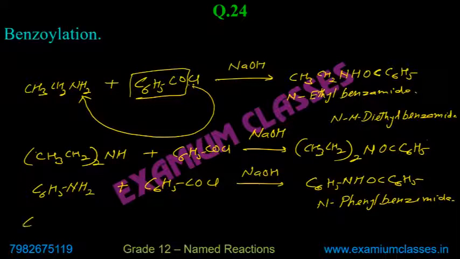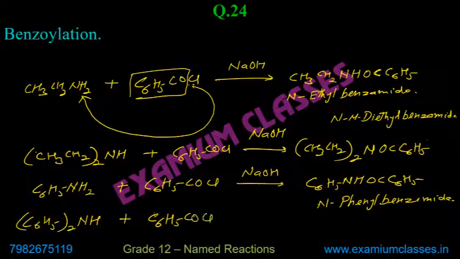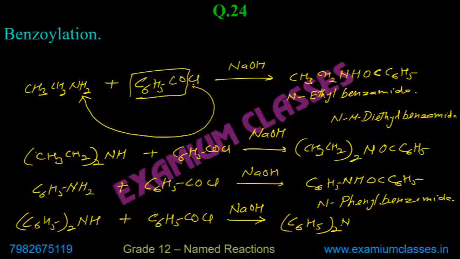Now suppose you have here also, let me explain again. Here also you have a secondary amine, and you get it reacted with C6H5COCl. Then you get (C6H5)2N, and the hydrogen gets replaced by OC6H5.